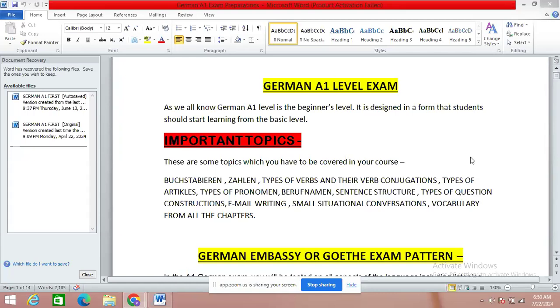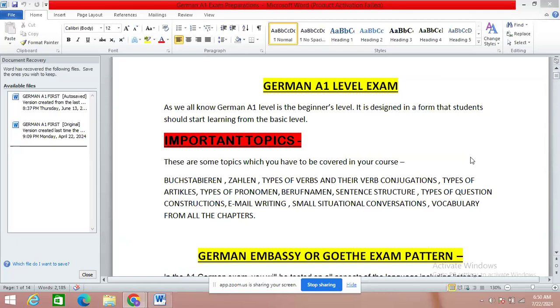When you start learning the course, you will be able to find out what the types of sentence structures are. And if you have completed your course, then you must already know this concept. Then yes, the types of questions, we have basic two types of question construction in our A1 level, so that is a really important part.